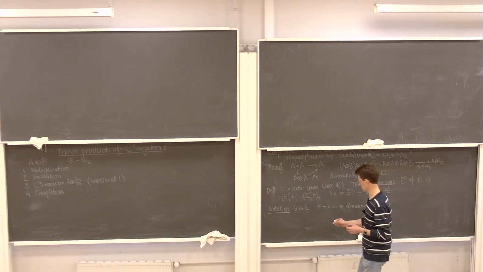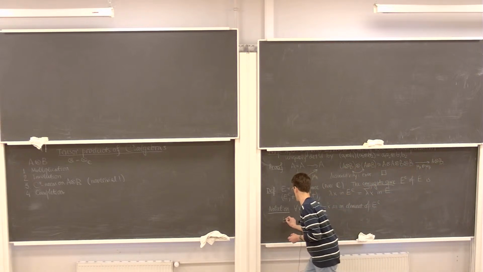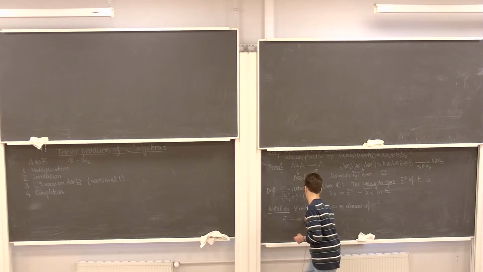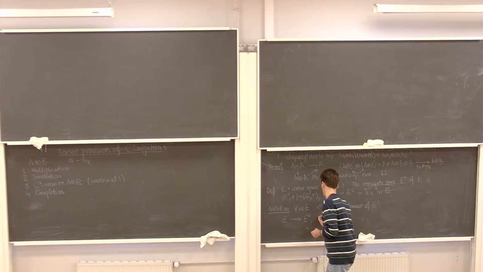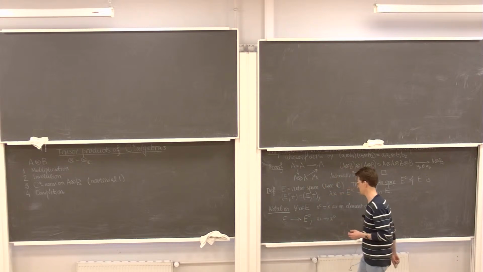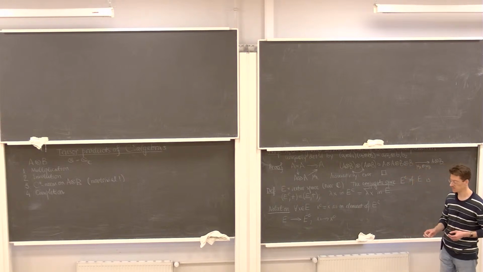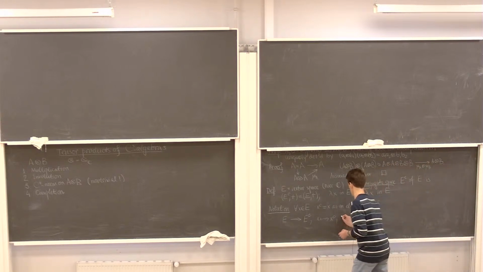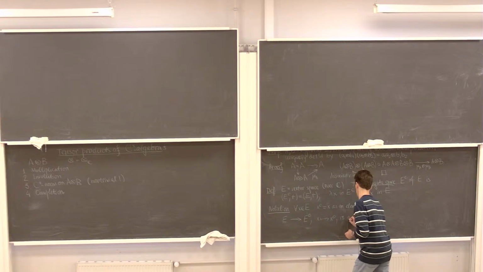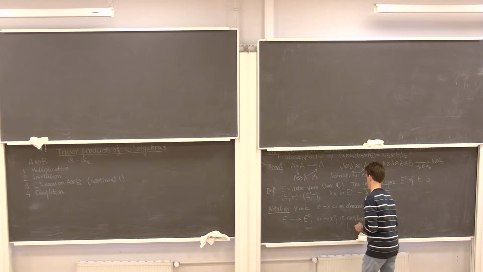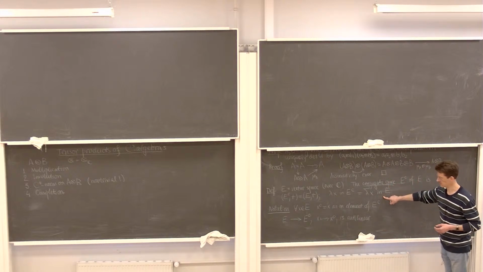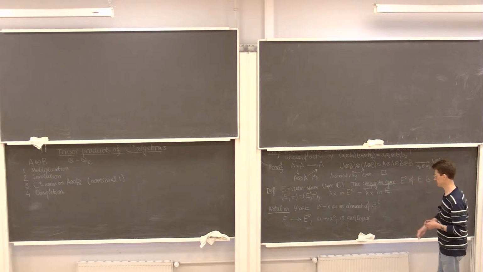So as a result, if we take this standard bijection between E and E^C, which takes x to x^C, clearly this is a bijection just by construction, and this bijection is antilinear. Antilinear, just by this definition.